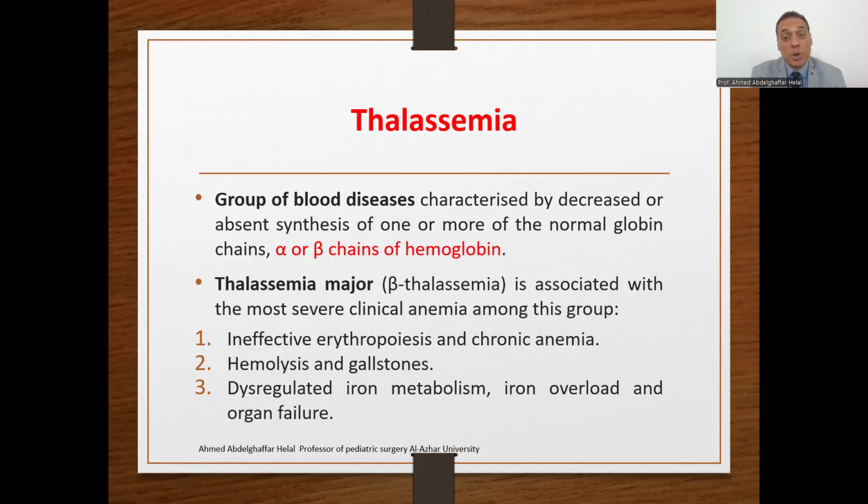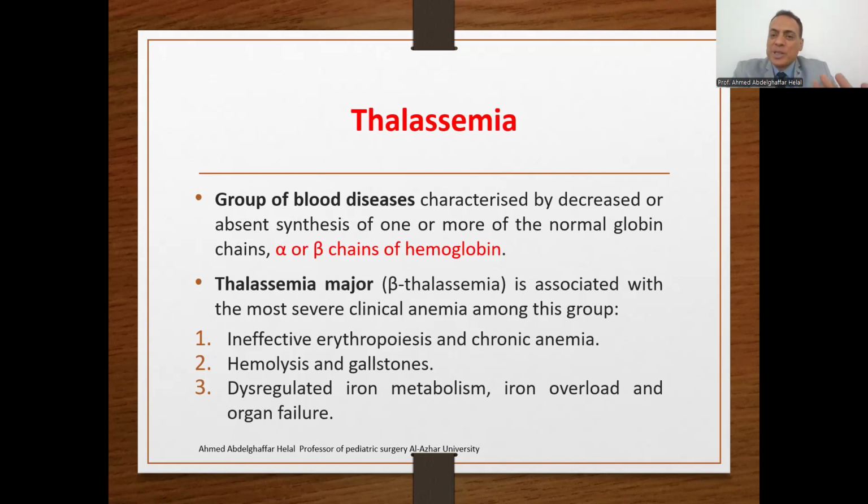Thalassemia major, or beta, is associated with the most severe clinical anemia, ineffective erythropoiesis, chronic anemia, hemolysis, gallstones, dysregulated iron metabolism, and iron overload. After iron overload, accumulation of iron may lead to organ failure.